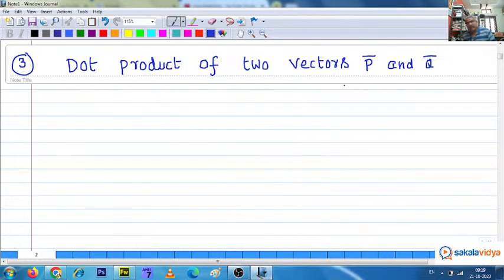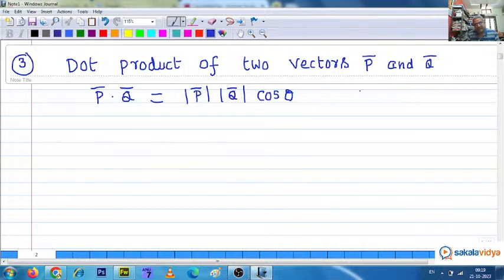The dot product of two vectors P bar and Q bar is denoted by P dot Q and defined as mod P bar and mod Q bar and cos of the angle between P bar and Q bar, say theta. Generally we can write it like this also, the angle between P bar comma Q bar is equal to theta. In some textbooks it may be given like this also, so don't get any confusion. You can chat with me also, no problem.